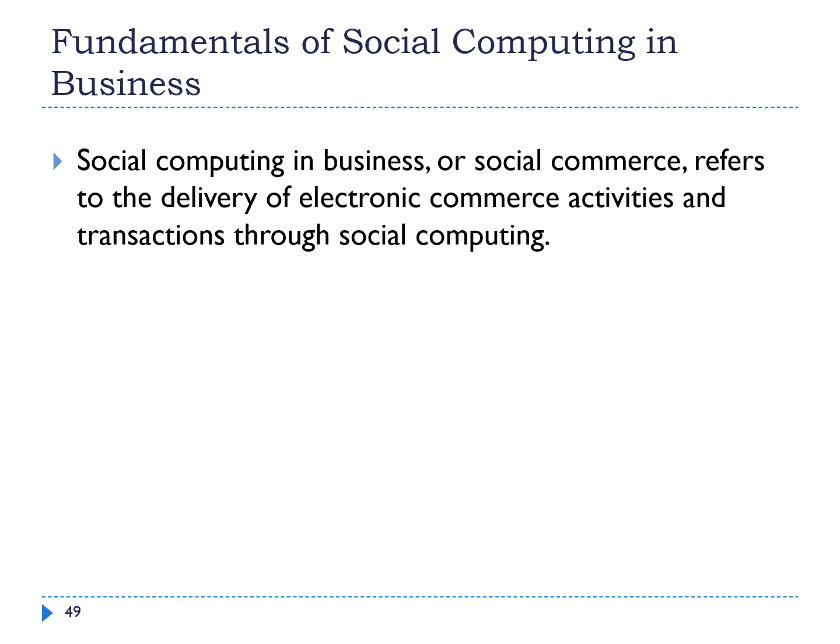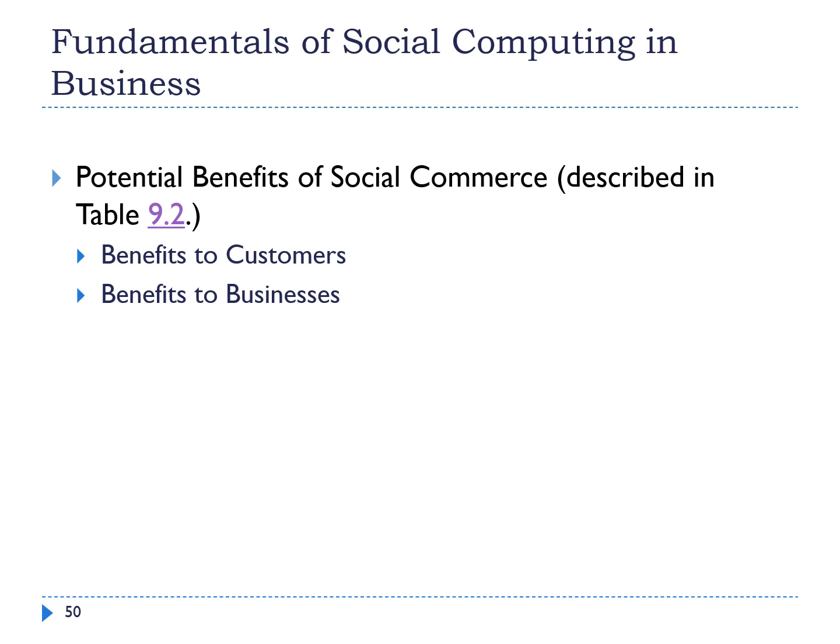Social commerce refers to the delivery of electronic commerce activities and transactions through social computing. There are a lot of potential benefits of social commerce to customers and to businesses.